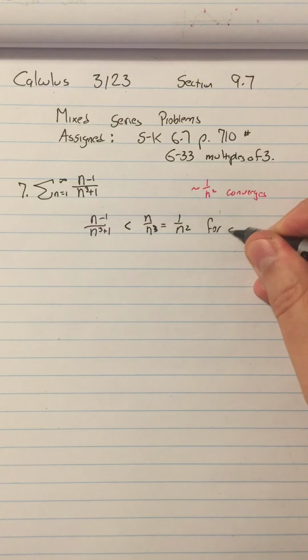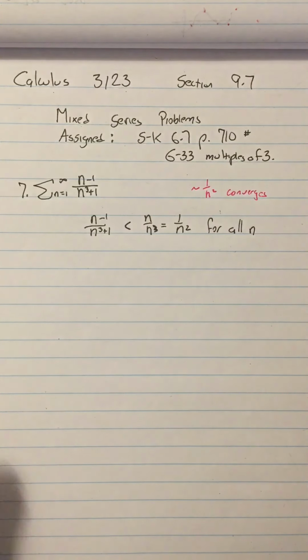And I should probably say for all n, but technically when you say for all n, you mean all n that are elements of the natural numbers. Sometimes we don't always write that in our justification, and it's important.